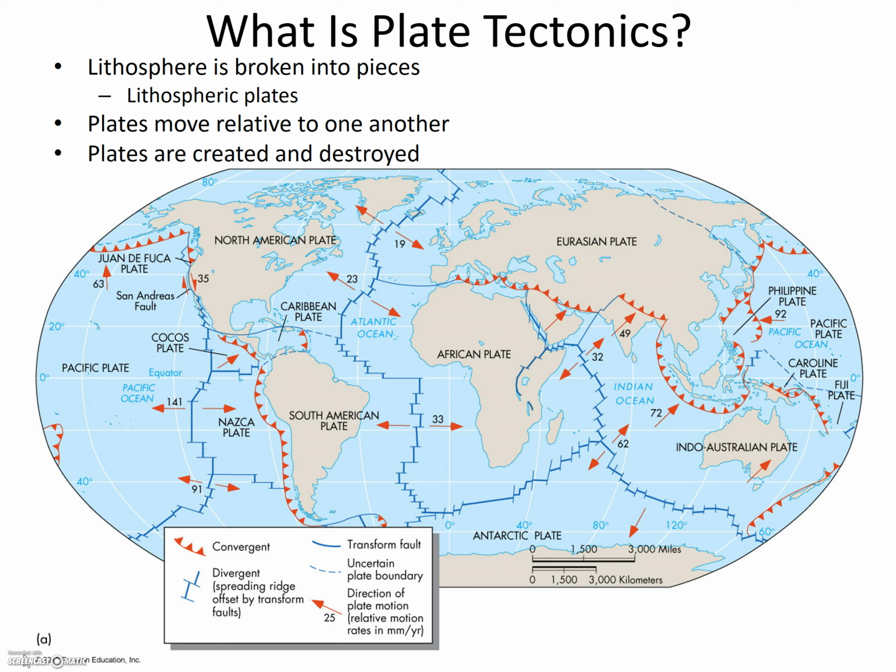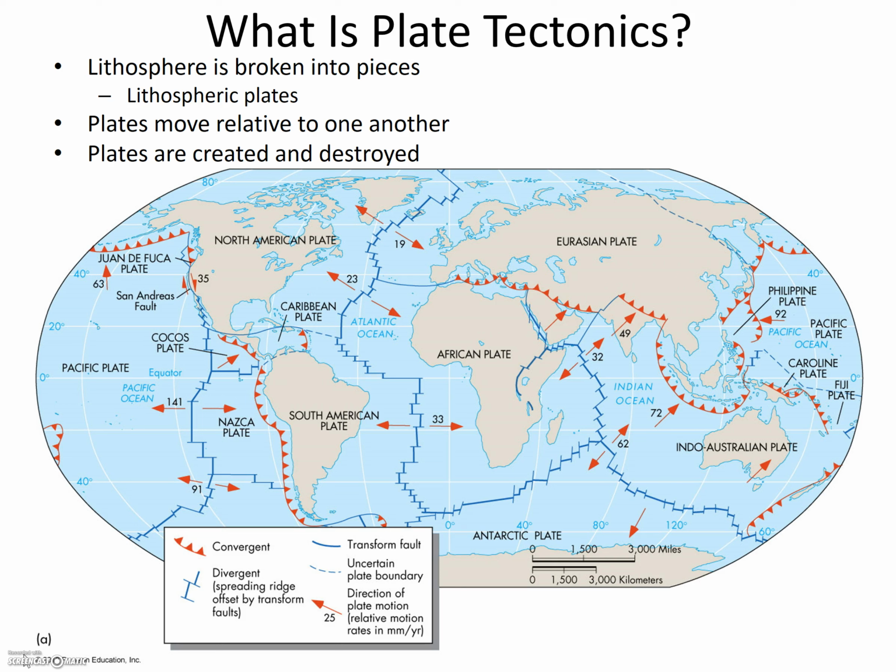In this picture, we can see several lithospheric plates and how they move relative to each other. There are also the three types of plate boundaries: convergent, with the red teeth, where one plate is subducted and destroyed, i.e. melted, beneath another plate; divergent, with the red arrows pointing away from the blue line, indicating the plates are moving away from each other, and new lithospheric plate is being created at the boundary.